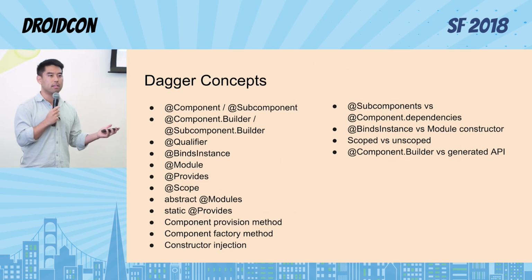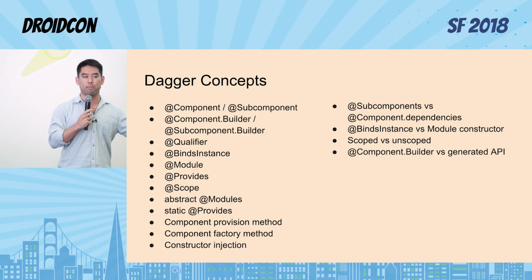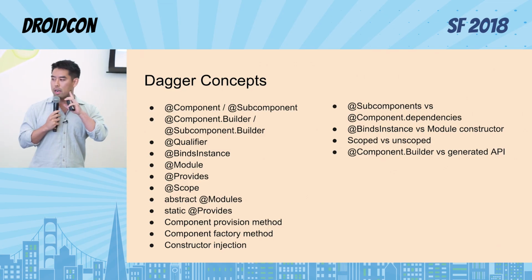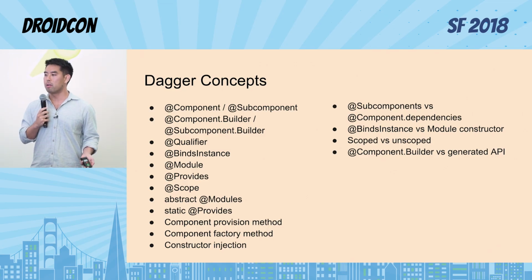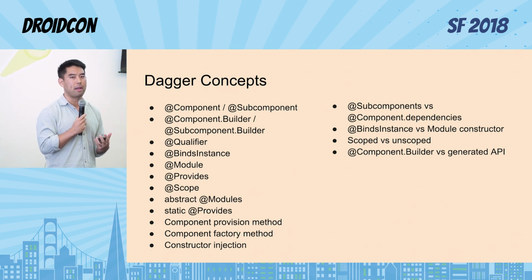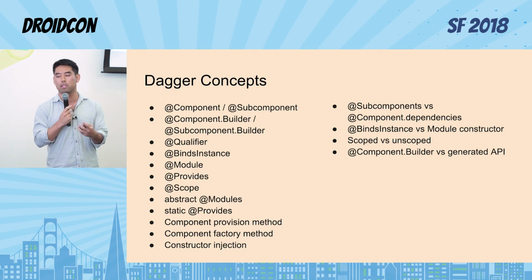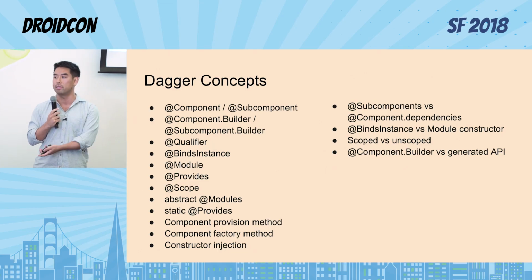On the left-hand side here, these are all of the concepts that we use just in that example that we just looked at. I'm not going to go through all of them because there's a lot. On the right-hand side, we have some decisions that we have to make when defining our patterns at a platform level. So should we be using subcomponents or component dependencies?